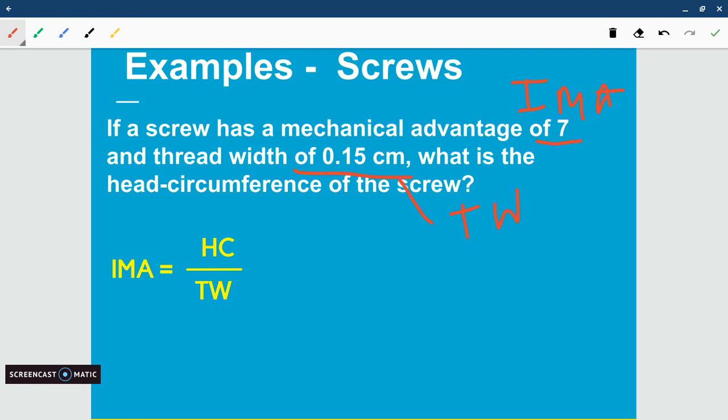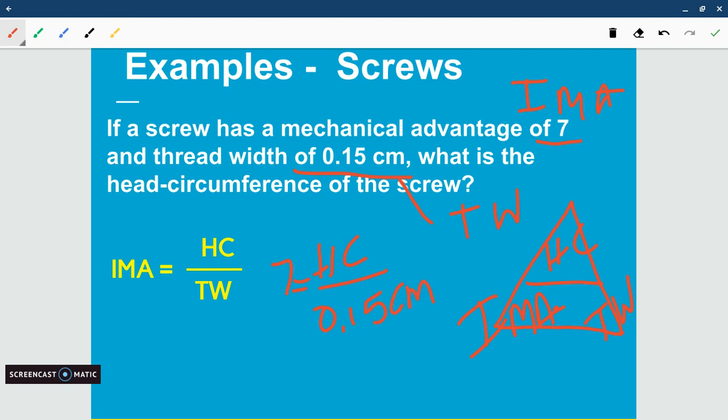And just like every other time we've done these, you have the option of using the equation as is or thinking about what this triangle would look like. This triangle would have head circumference at the top. I'd have IMA in one corner and thread width in the other. So even if I decide to use this equation as is, I would have 7, which is the mechanical advantage, is equal to the head circumference over 0.15 centimeters.